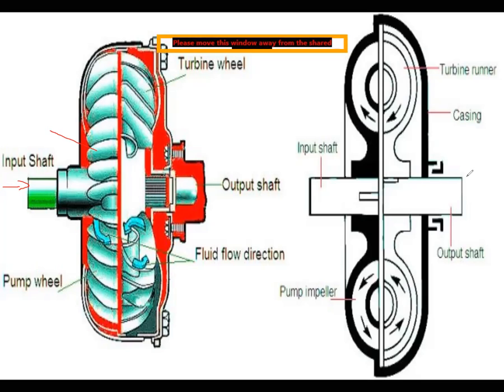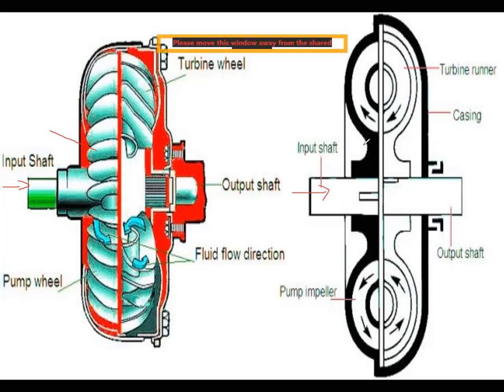You can see this beside diagram also. This is the 2D diagram of the construction, and this is the 3D diagram. There the turbine runner is there, the casing is there, and the input shaft and output shaft are coincident. Whenever the input power comes from the engine, the pump impellers rotate.